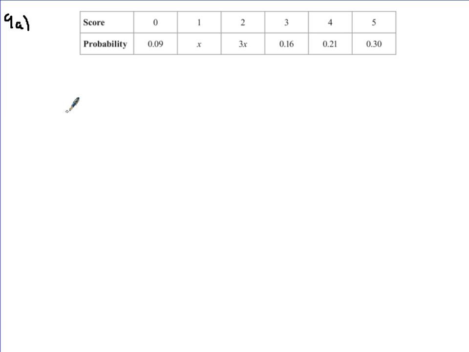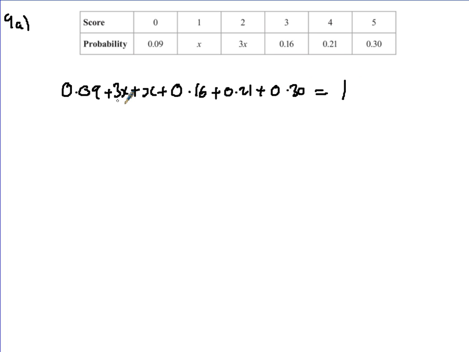Well, we know if we add them all together, all these values, they will equal 1. Because all the values added together will sum to 1 because it's mutually exclusive. There's only these values that you can score.